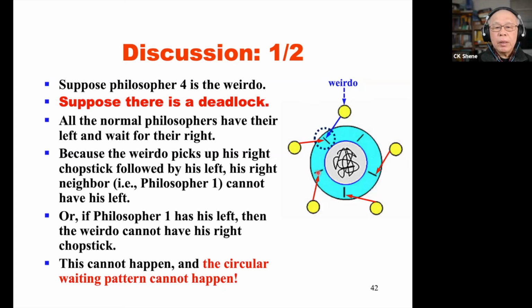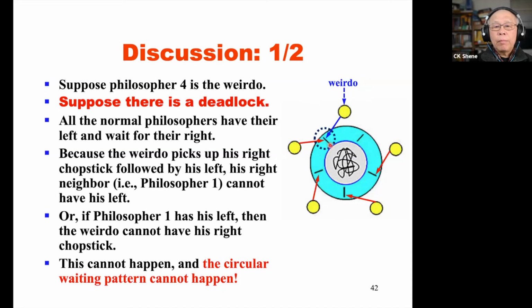But is this possible? If the weirdo has his right, then this normal philosopher won't be able to have these chopsticks. On the other hand, if the normal one has these chopsticks, the weirdo won't be able to have his right.